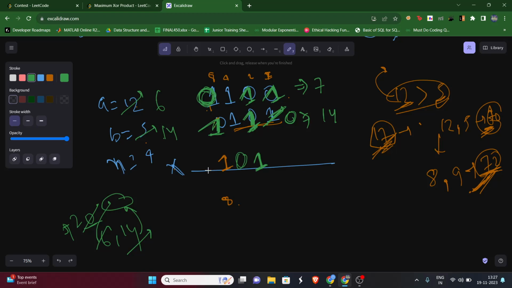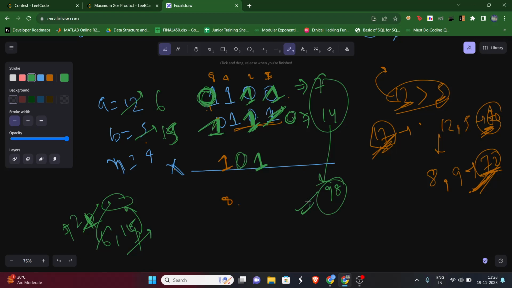I think in the previous scenario I missed it. Earlier it was not 14, it was 8 plus 4 plus 12 plus 2, it was 15, sorry, my mistake. So it was 15, now it has become 7 and 14, and in this scenario you'll see we are getting the maximum product, that is 98.